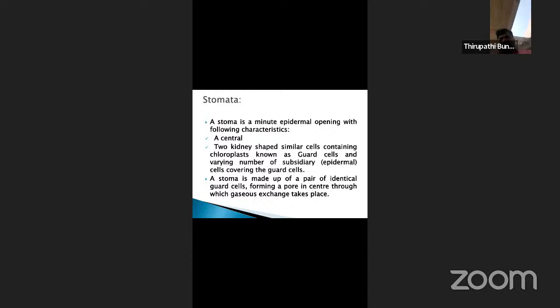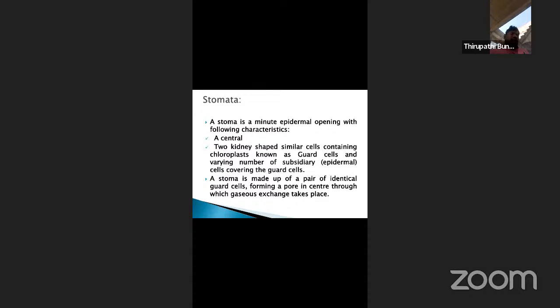Stomata contain three parts: guard cells, subsidiary cells, and epidermal cells. That is called the stomatal complex. Now, dorsiventral leaves.